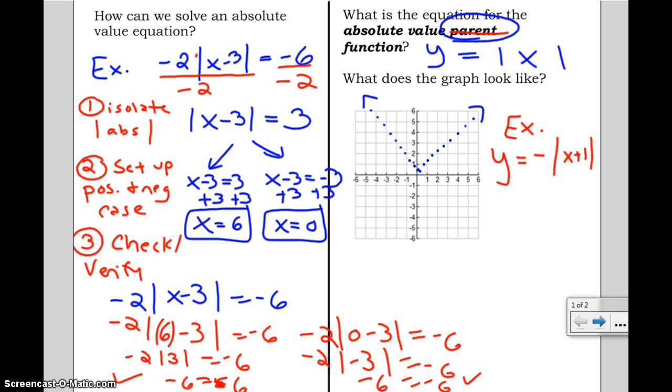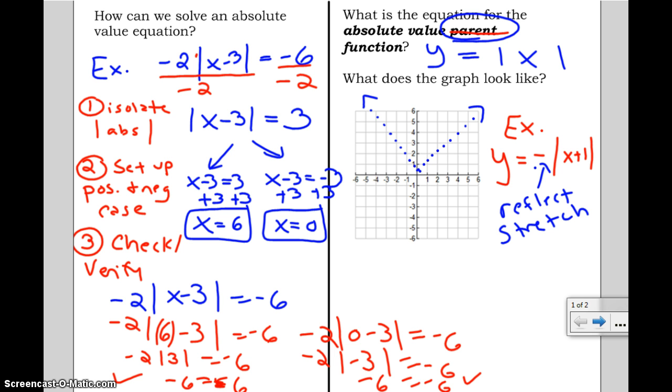remember that in front of the absolute value, the negative makes it reflect if it's negative 1, or it might make it stretch if there's an actual number in front of the absolute value.